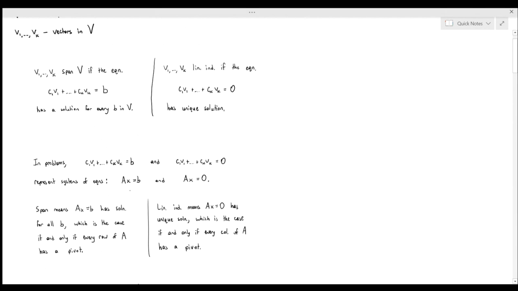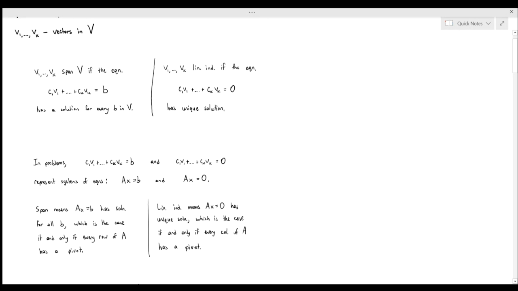And so for span, you're checking if there's always going to be a solution. And again, for that to be the case, every row will have to have a pivot. For independence, you're checking that there will be a unique solution. And for that to be the case, every column is going to have a pivot.